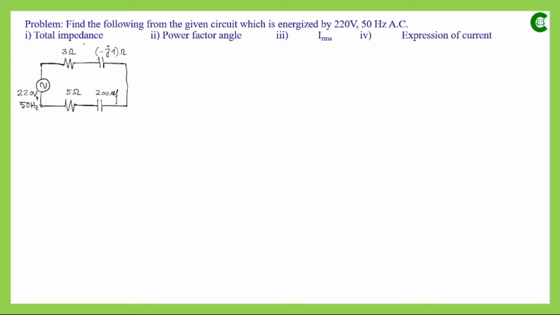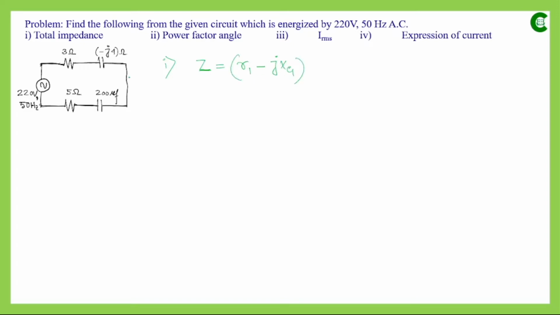So first we have to calculate the total impedance of this circuit. Total impedance Z we can find this way. Since the resistors and capacitors are both connected in series, for the first RC branch the impedance will be R1 minus jXC1.